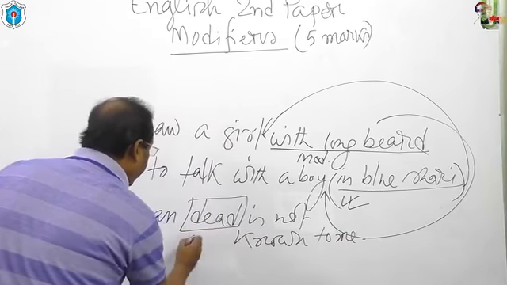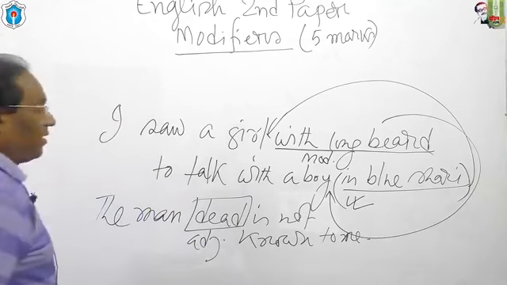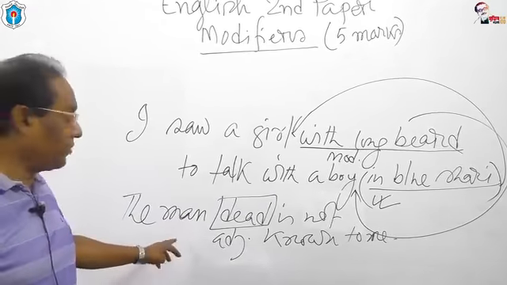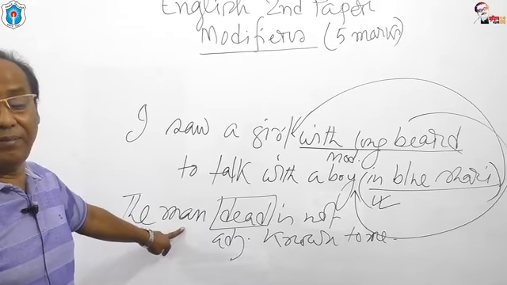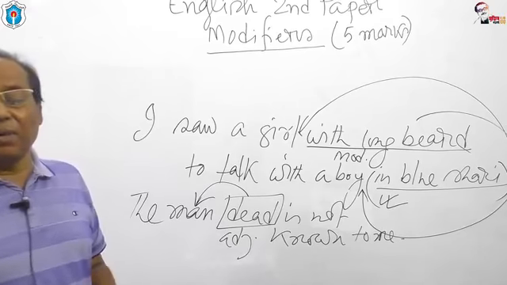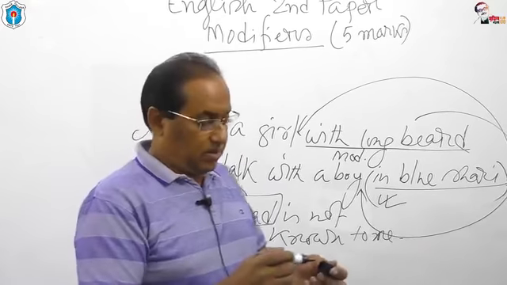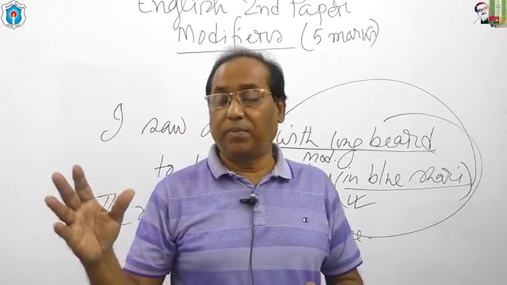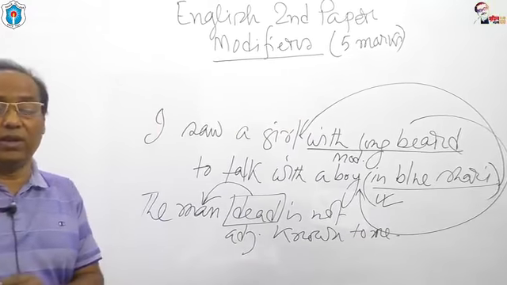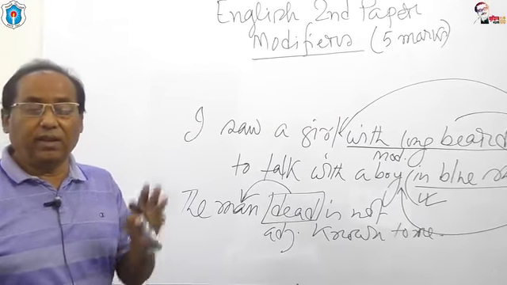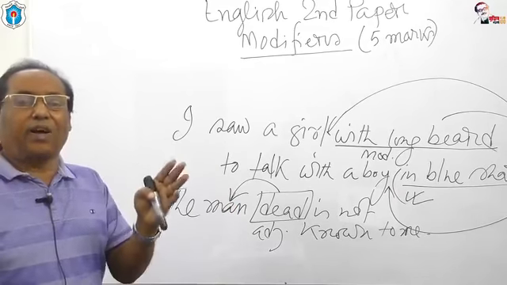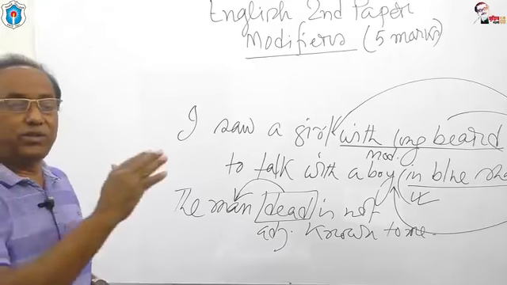Dead is an adjective, a simple single adjective, but here it comes after man. It modifies the man. In some cases, a single simple adjective may come after the head word, but usually a single adjective comes before the head word.